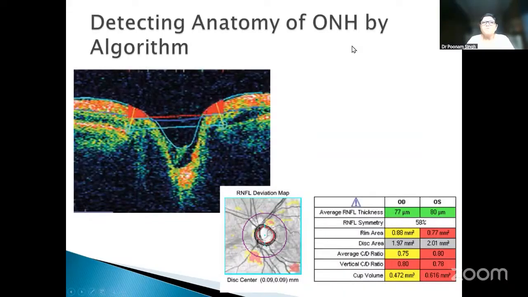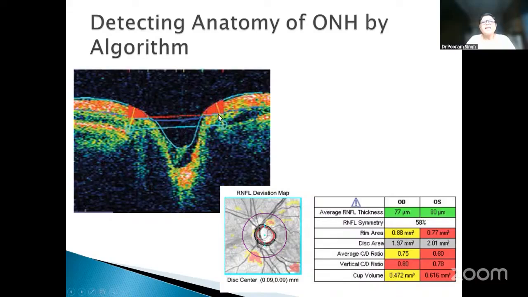There are two types of algorithms. One is the reference algorithm, one is the non-reference algorithm. I'm not going into the detail, but the basic thing to be known by the students is that when we see these scans, this is the retinal pigment epithelium. Just below the retinal pigment epithelium is the choroid, and between them is Bruch's membrane. So the end points of the RPE are the areas which measure the optic disc.